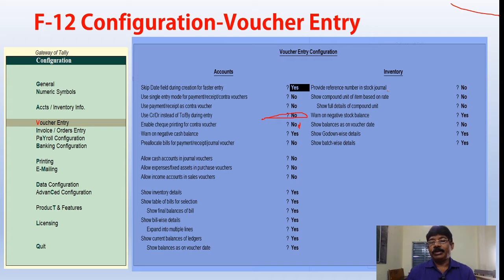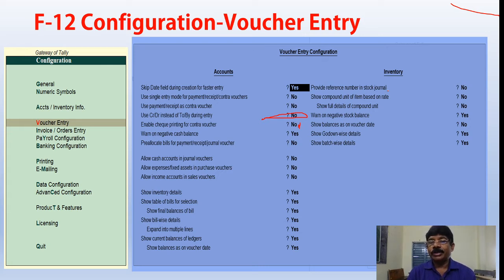Provide reference number in stock journal. Whenever I enter a stock item, if I enable yes here, it will ask me for a reference number for that particular entry. Show compound unit of item based on rate and show full details of compound unit.